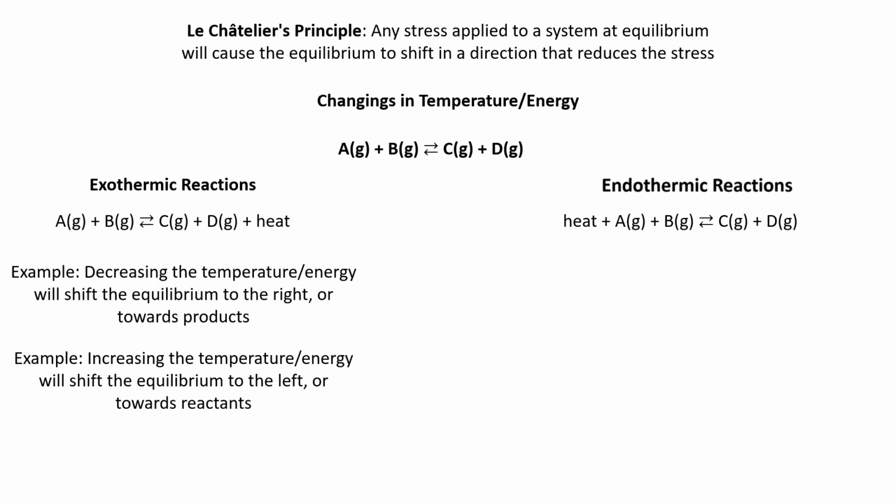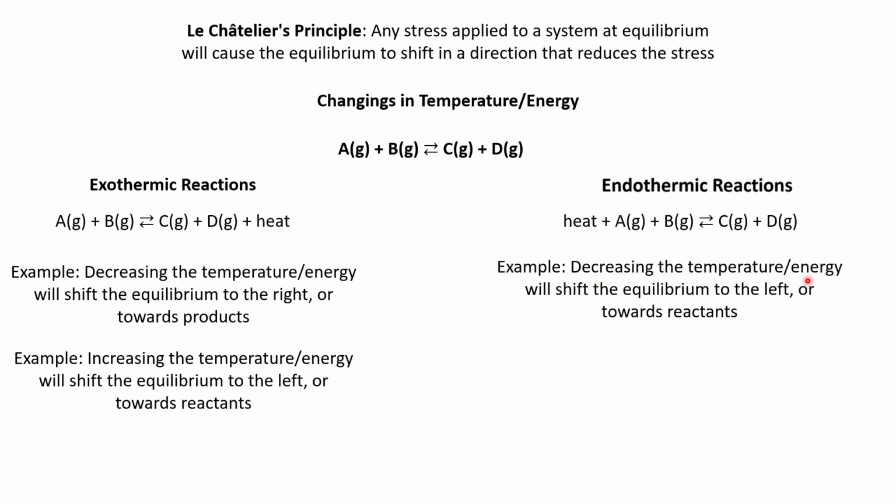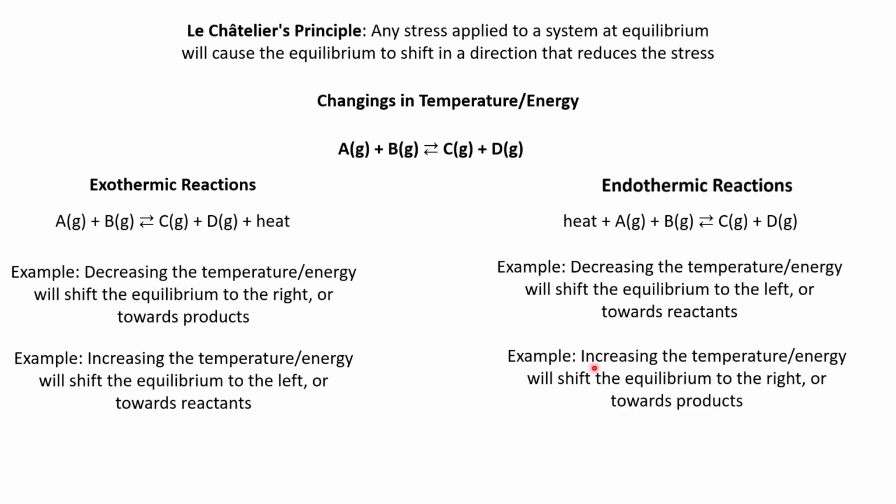So for an endothermic reaction, if we decrease the energy, we're going to shift the equilibrium to the left or towards the reactants. And of course, we have the opposite. So if we increase the energy, we're going to shift to the right or towards the products. Again, you can think of this as adding a reactant. We're going to shift away from it.